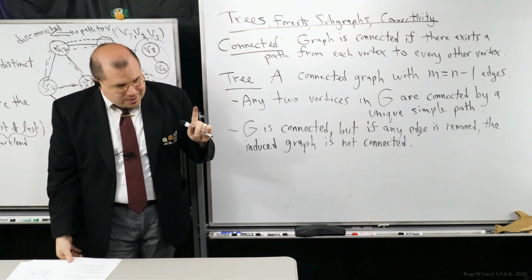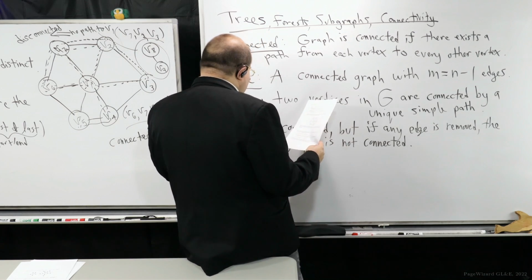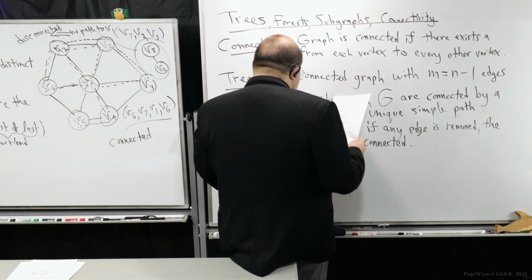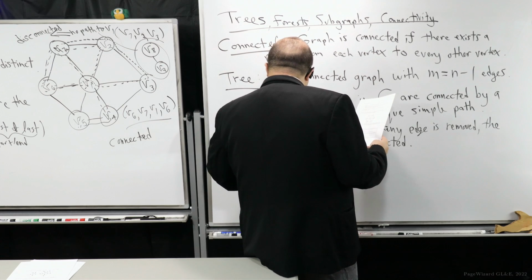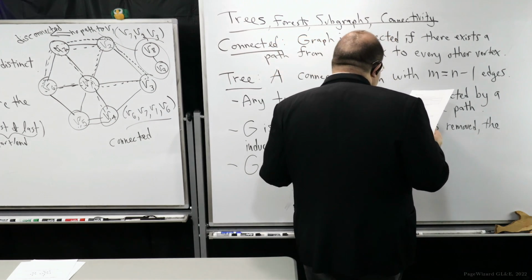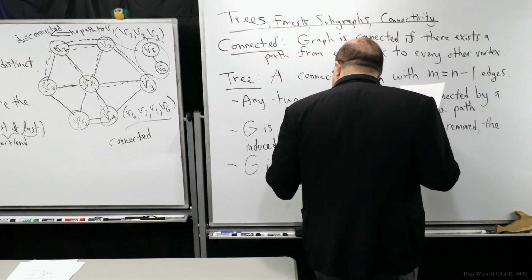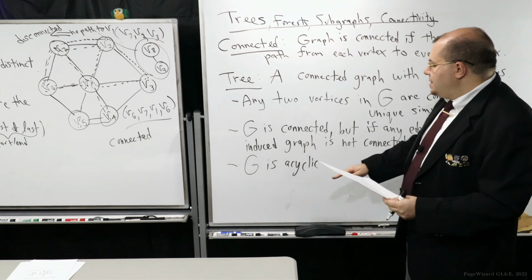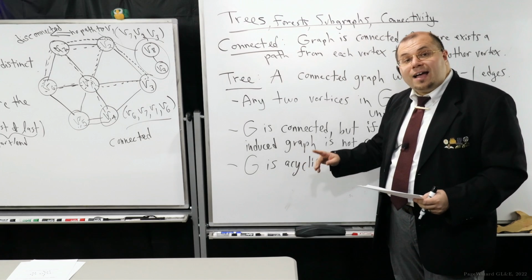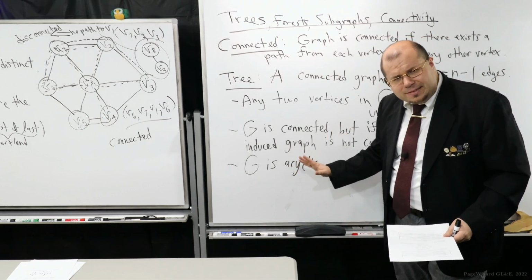Now here's another one. This also will give you some helpful insight into what a tree will actually look like. G is acyclic. This means it contains no cycles. If you're looking at what acyclic means, just look at the word. If the graph is cyclic, it contains at least one cycle. If it's acyclic, it means the absence of a cycle.